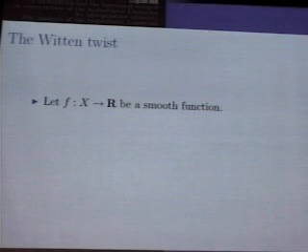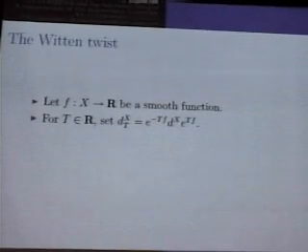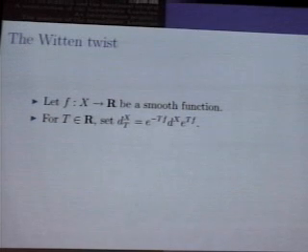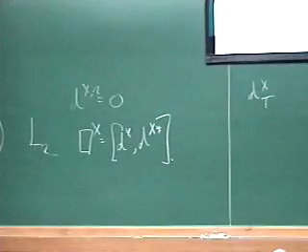You give yourself f to be a smooth function from X into R, and you twist the de Rham operator dX. So you twist it by the exponential of t times the function. So this way you have a family of de Rham-like operators dXt, whose cohomology, of course, does not change with t. It's canonically identified with the original cohomology.